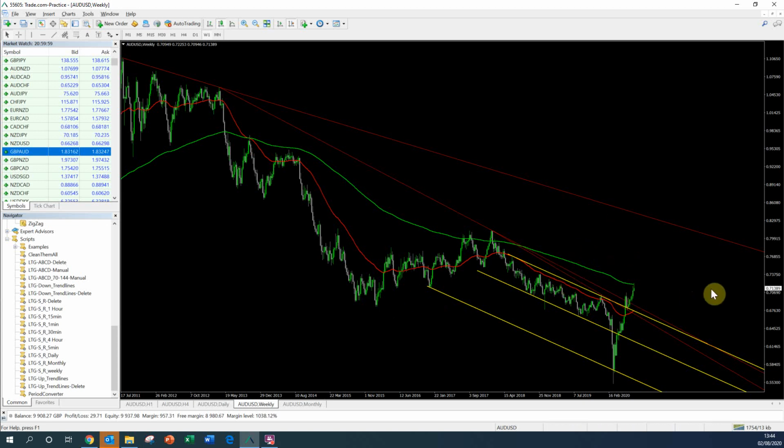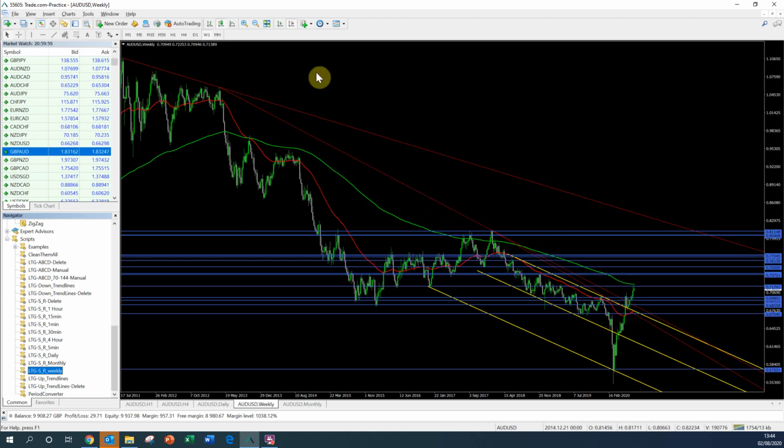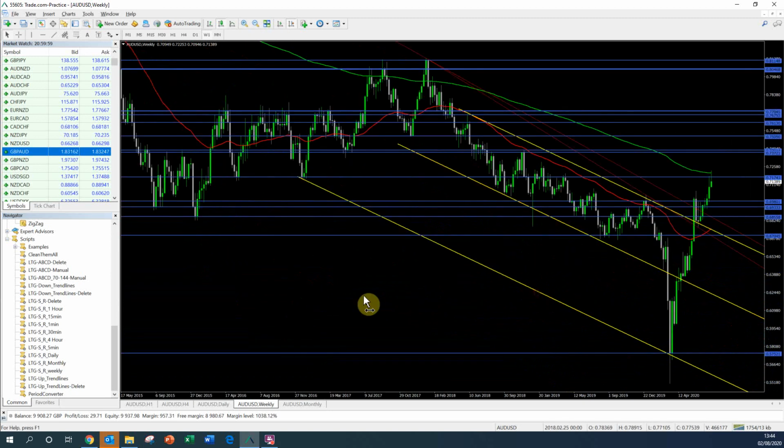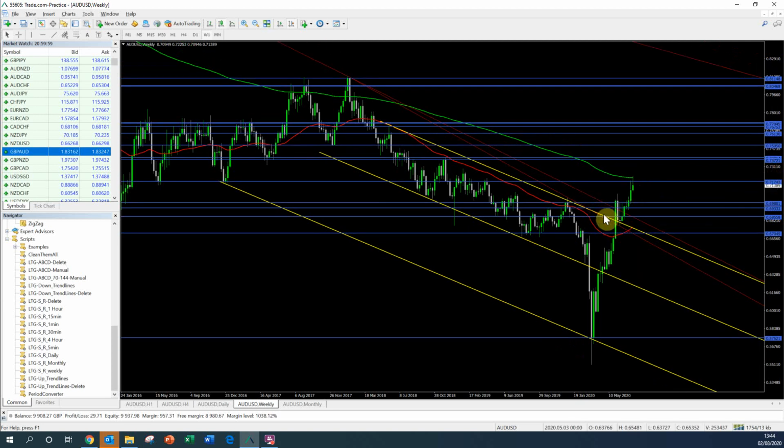So with that in mind, I'll put in the weekly support and resistance levels again, just to see if we're at any key levels there, which we are at a resistance level, as we can see, confluence with the 200 moving average, but nothing incredibly of note. We have broken this level here, and we have got room to go either up to here or retest the previous support levels, the key support level.